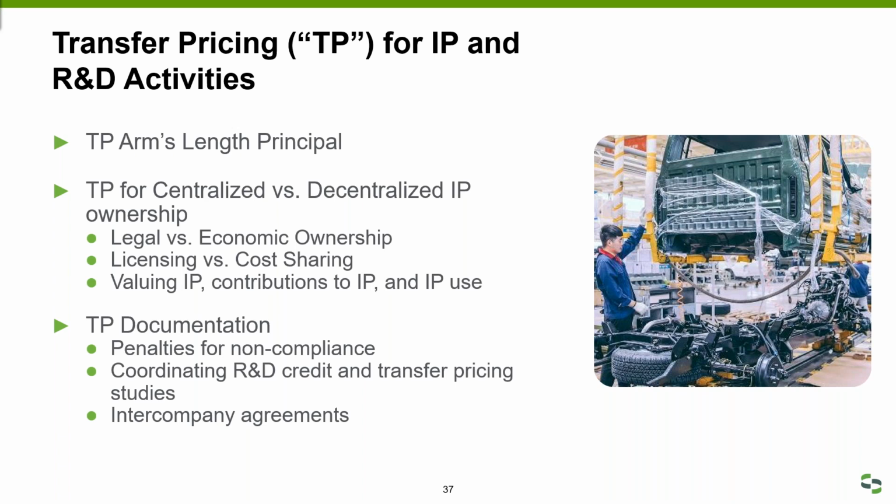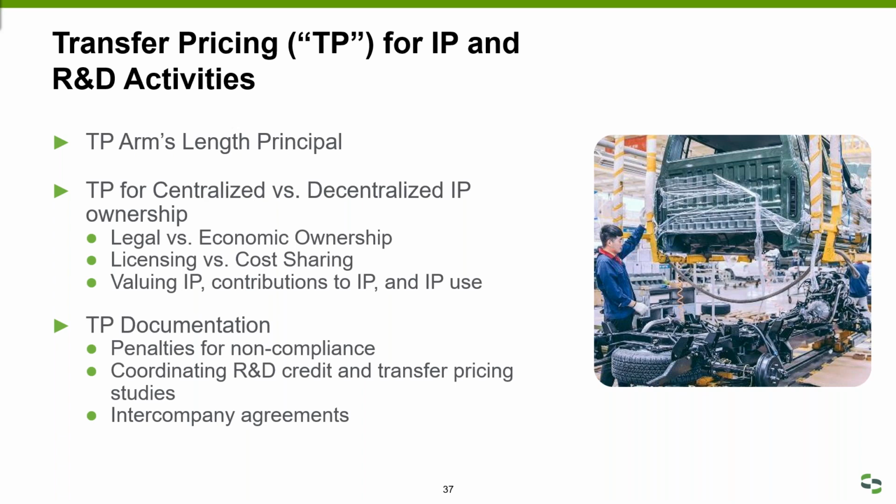How do you share those costs? How do you not end up with cross-licensing arrangements and withholding taxes? We can help you through those and how you implement a cost sharing so that both own the IP with regard to their territory, where they're going to actually exploit the IP, and not where the actual R&D operation is being operated.